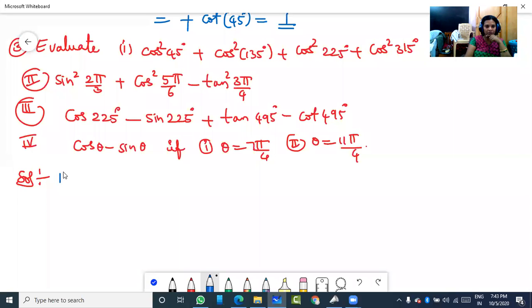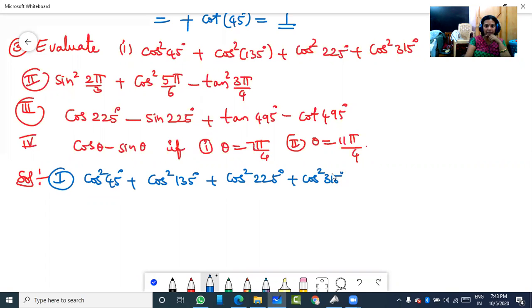I'm taking the first question, that is cos square 45 degrees plus cos square 135 degrees plus cos square 225 degrees plus cos square 315 degrees.